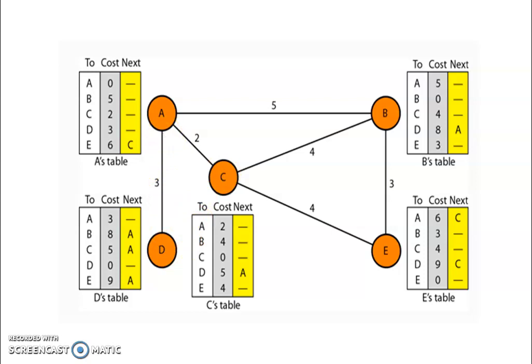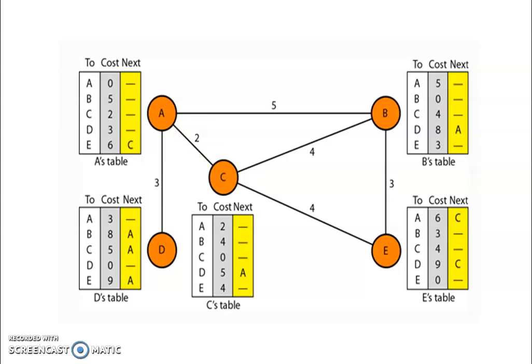So, in the second step, when each node shares its routing table with its immediate neighbors, they come to know how they can reach the other nodes. So, using that information, they can update their routing tables. Here node C tells node A that it can reach node E at a cost of 4, and A also knows that it can reach C at a cost of 2.